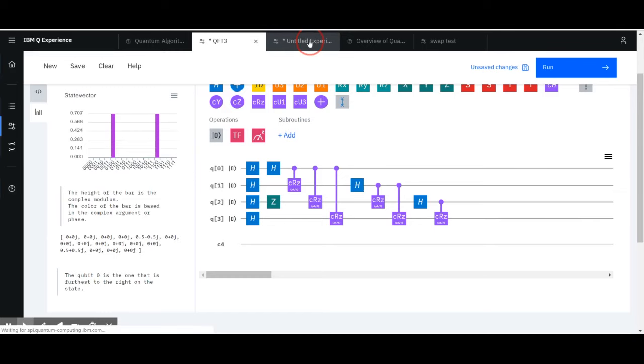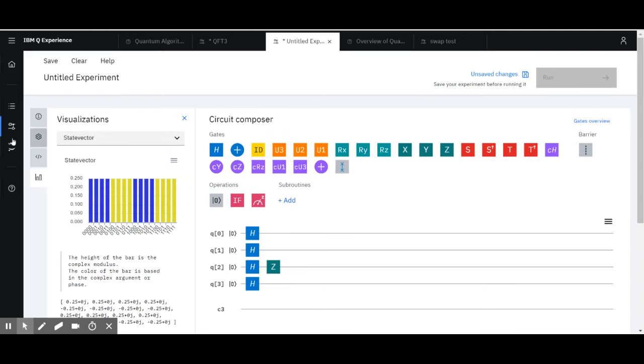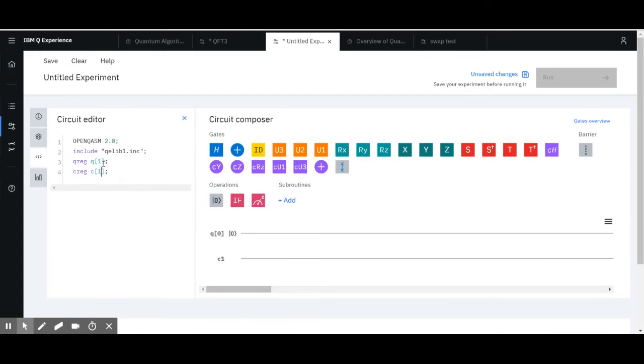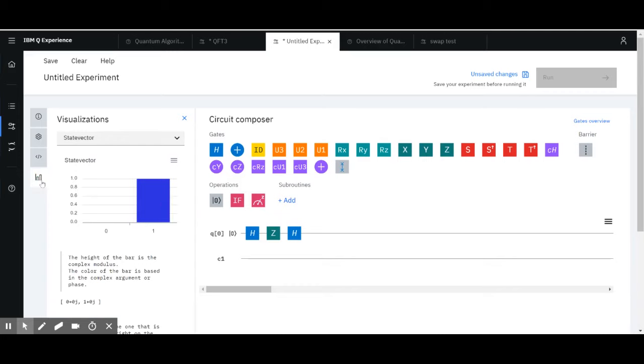What happens when... just give me a second. So I'll clear that for a second. Turn it into just 1 qubit, and I just want to try. So if we are like that, and then we're like that, now when we add another Hadamard, as I said, we're back to 1.